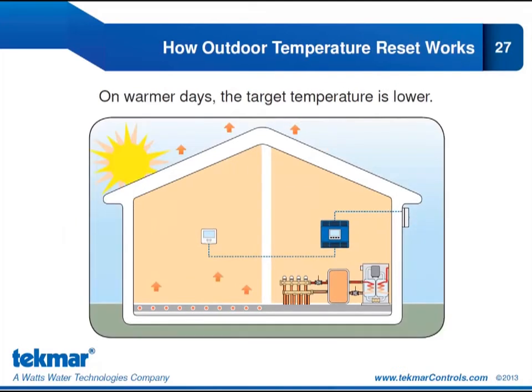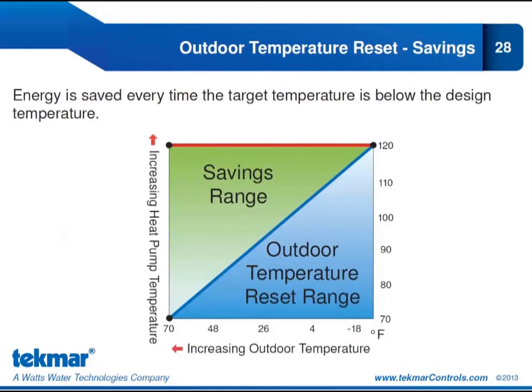Now, on warmer days, our outdoor reset control is going to adjust the tank target for a lower entering load water temperature. So in this case, it's a hot sunny day. We're going to lower our tank target and deliver minimal heat into the space that matches the heat loss from the building. Energy is saved every time the tank target is below the design temperature.